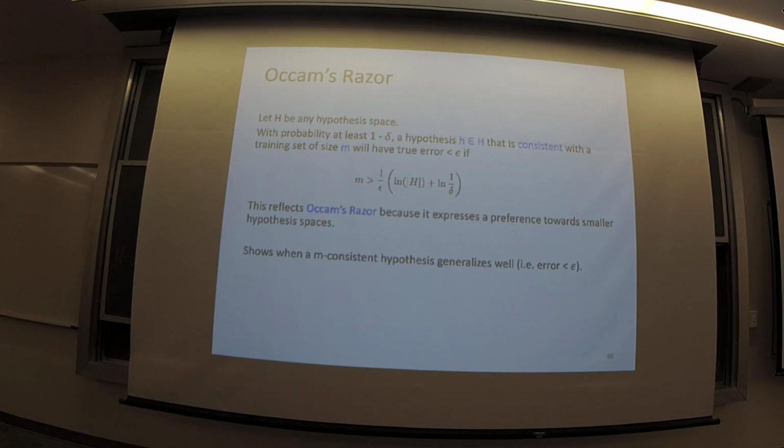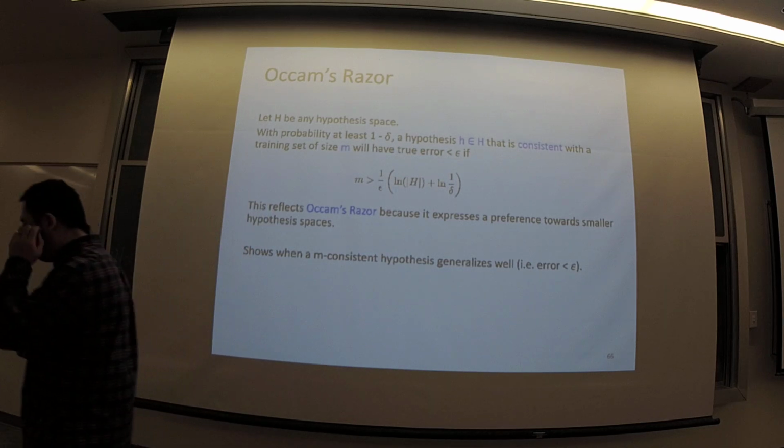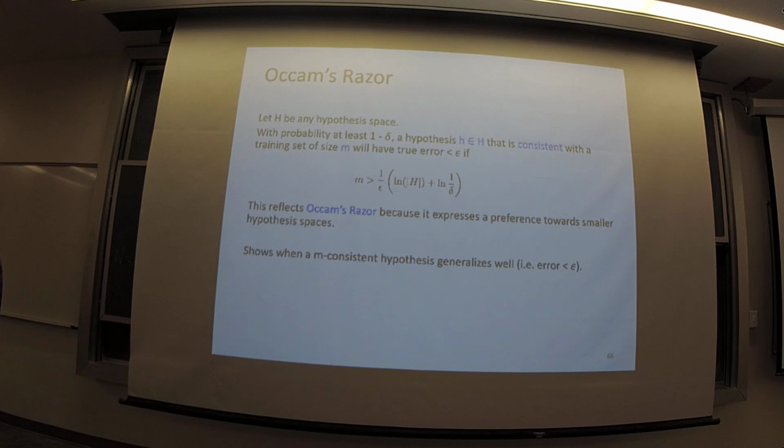That means you can fit all kinds of binary Boolean functions. So the hypothesis space is quite large, but if you use a linear classifier, it does not cover all the Boolean functions. Like XOR, it cannot cover.